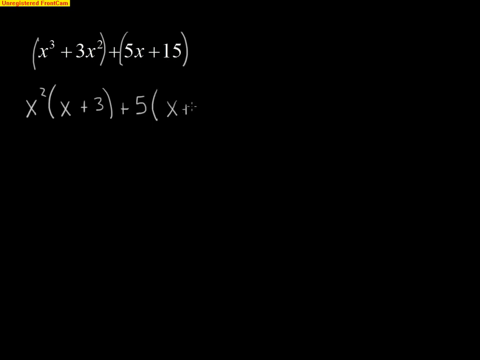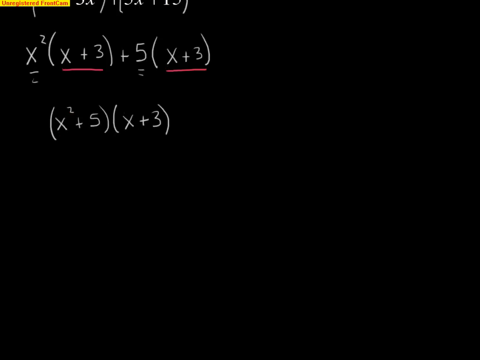And I'm left with x plus 3 again. And again, just so I know I'm doing this right, this factor and this factor have to be the same. So my final answer, I've got the x squared and the 5, so I'm going to have x squared plus 5, and then my other factor of x plus 3. So there's my factored form there.